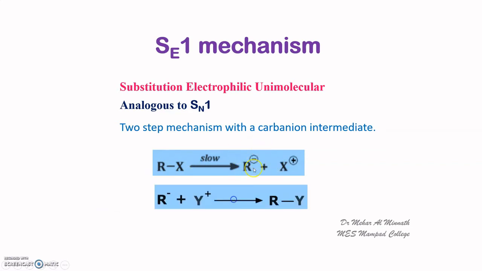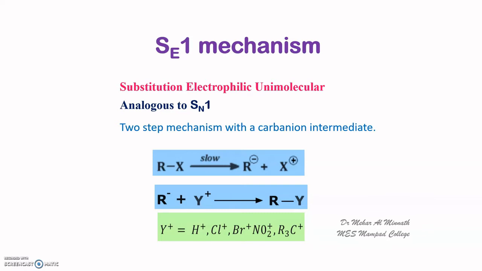Then to this carbanion, an electrophile will approach and a new bond will be formed to give us the substituted product. The incoming electrophile can be H plus, Cl plus, NO2 plus, alkyl plus, etc. Similarly, the leaving group can also be similar groups. The only thing is the leaving group will leave with a positive charge on it.